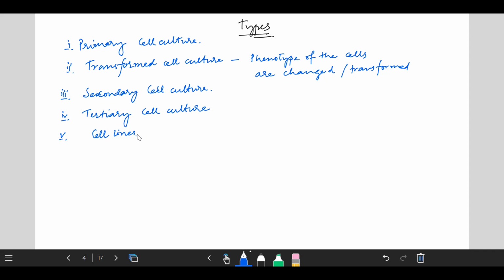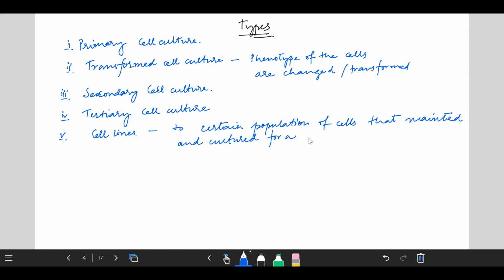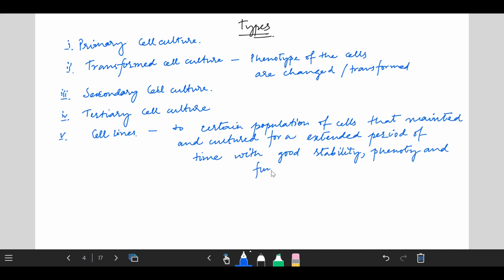It is a certain population of cells maintained and cultured for an extended period of time with good stability of phenotype and function.